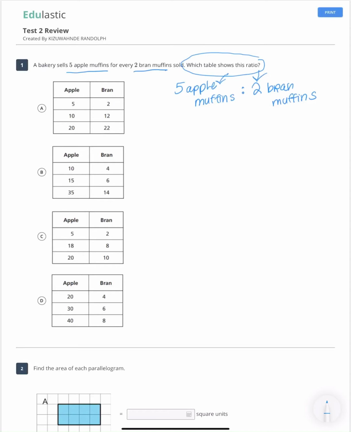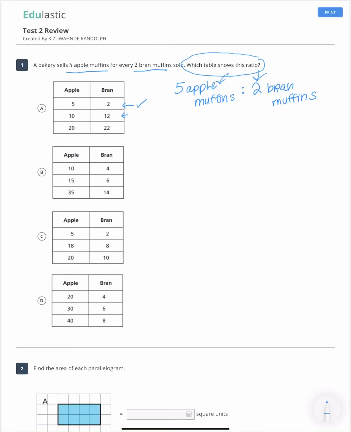Now I'm going to look at choice A. When I look at the first row of choice A, it matches my ratio. But I want to look at each choice in order to determine if it's correct or not. So for the first row, it shows the correct ratio, 5 to 2. When I look at the next ratio, it shows that it's 10 to 12.